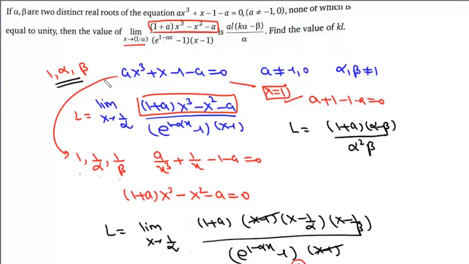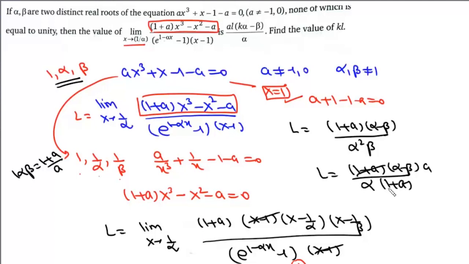Now 1, alpha and beta are roots of this equation. So if we find their product, 1 into alpha into beta, it is minus c upon a, which is 1 plus a upon a. So we'll put alpha beta as 1 plus a upon a. So it will be 1 plus a into alpha minus beta upon alpha, and it will be 1 plus a into a. So it will cancel.